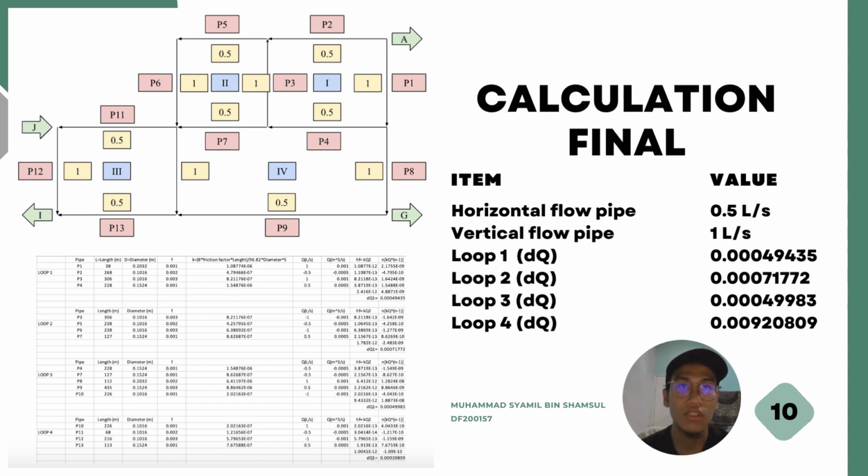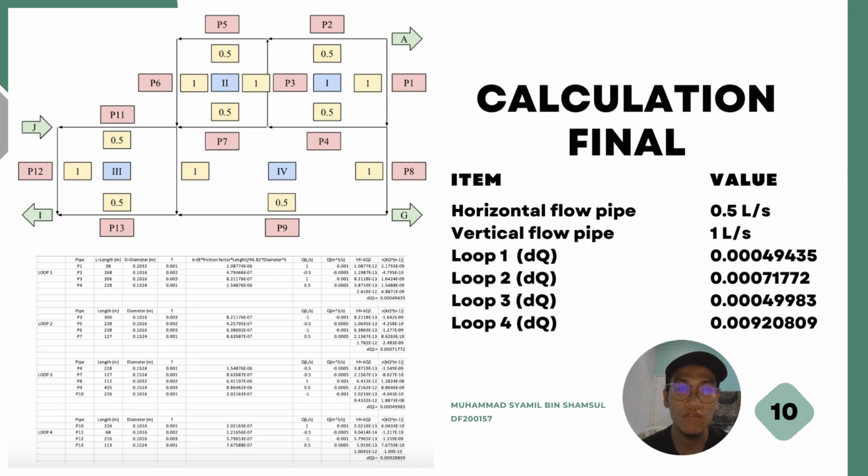I will continue about the final calculation. For the horizontal flow pipe, the value is 0.5 liters per second. For the vertical flow pipe, 1 liter per second. So we get loop 1, the value of dq is 0.000494435. For loop 2, the value of dq is 0.000717772.